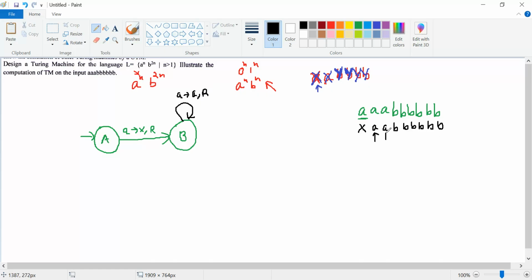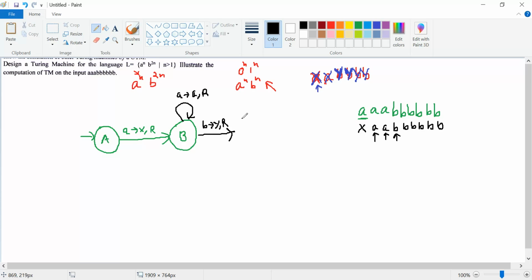Right. So again I see A, I keep moving right. Then I see a B. When I see a B, now I have to change B to another symbol. So I can say if I see a B, replace it with Y. Then here we have to move right again because we are searching for another B.